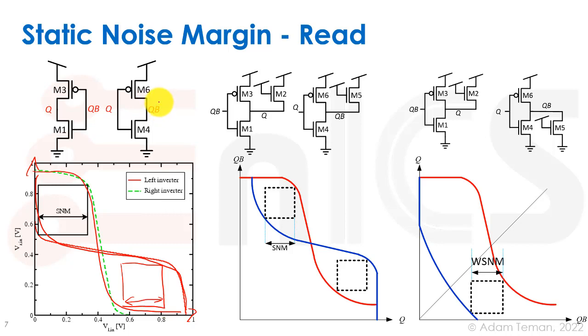This assumes that there are no access transistors because they are cut off. So that is hold static noise margin.